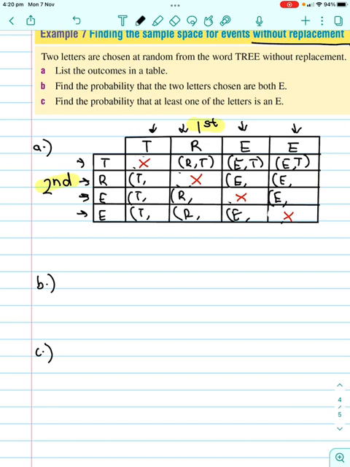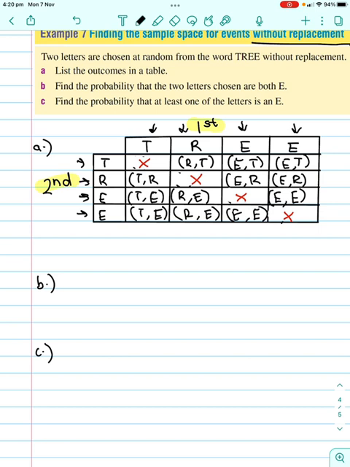Then we're going to have TR, sorry, ER, ER. Then the next one's E, so TE, RE, and EE. Then my fourth letter is E again, so TE, RE, and EE. So now we've completed our two-way table.